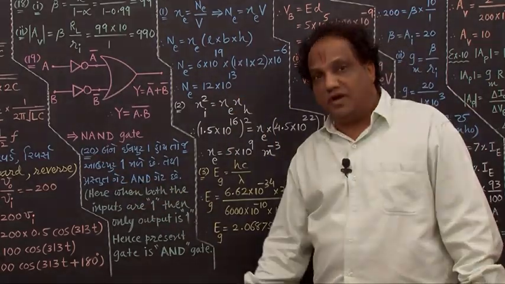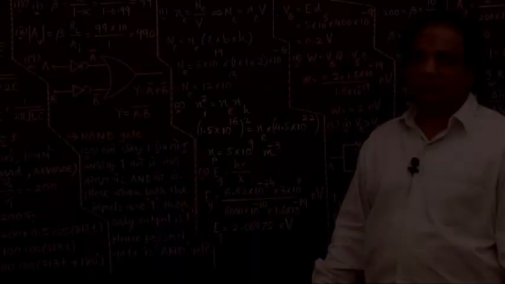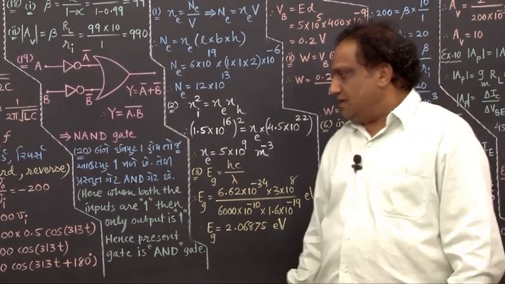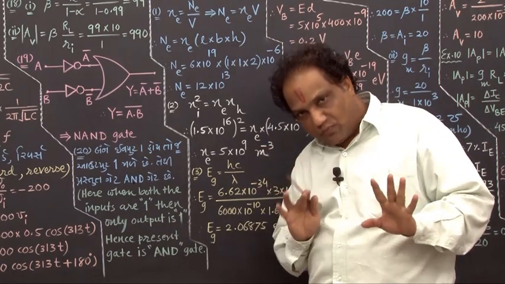Now read number 20. Read it. See, you are given two input signals A and B. You are also given output signal.